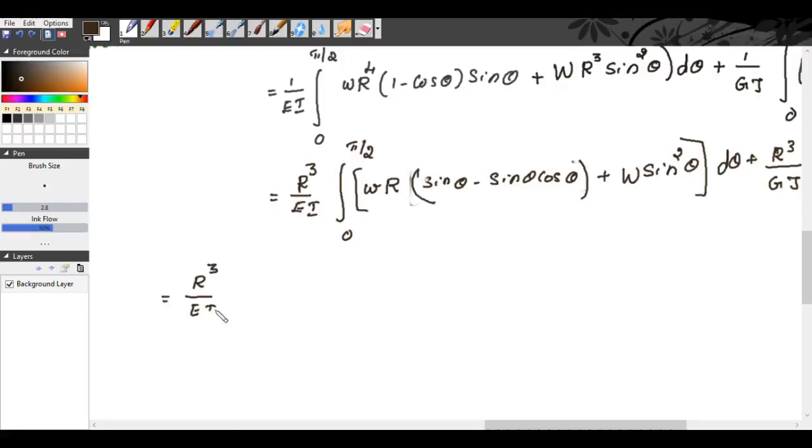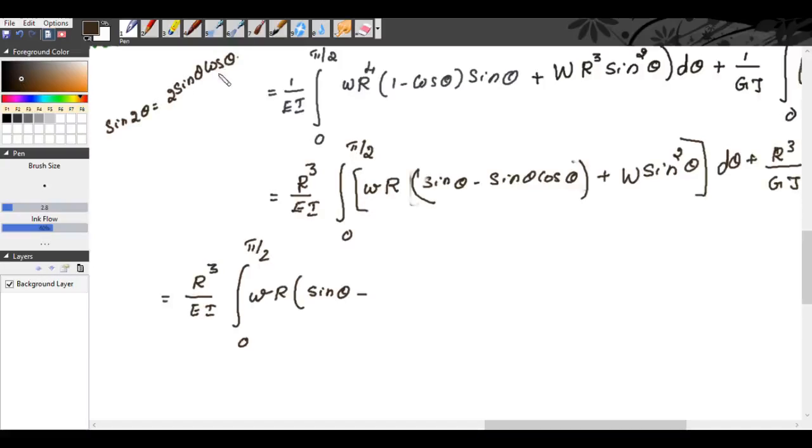So R cube by EI into integration of 0 to pi by 2 WR into sin theta minus, see, sin theta cos theta. We know sin 2 theta is equal to 2 sin theta cos theta.